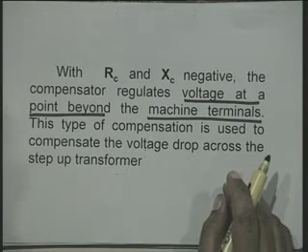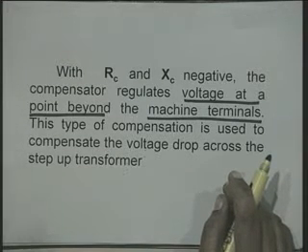The terminal voltage is Et, and from this Et you are subtracting some voltage drop, and therefore you are trying to regulate a voltage somewhere beyond the terminals of the machine. This type of compensator is required where you parallel two generators having individual transformers. There is the terminal voltage, a generator with its own generator transformer, another generator with its own generator transformer, and then they are paralleled on the high voltage side.